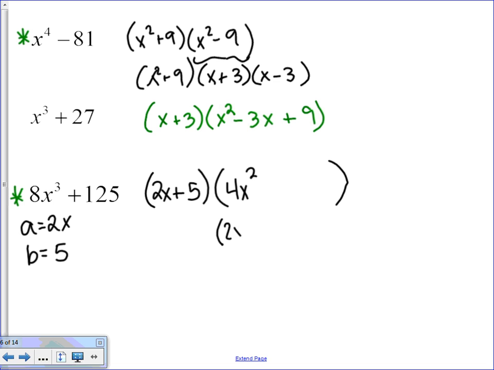You're taking 2x and you're squaring all of it, so you must distribute it, or you can think about it like 2x times itself, 2x, which will be 4x squared. Opposite sign, so it's minus. A times b is 2x times 5, so that's 10x. And then plus b squared, that'd be plus 25. Factored, and I'm done.